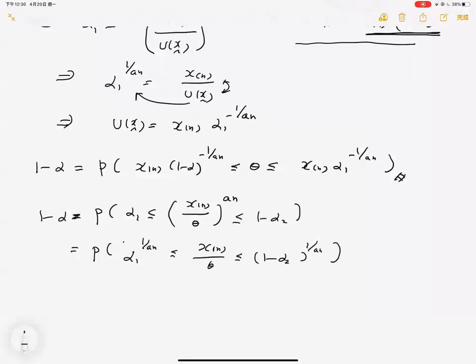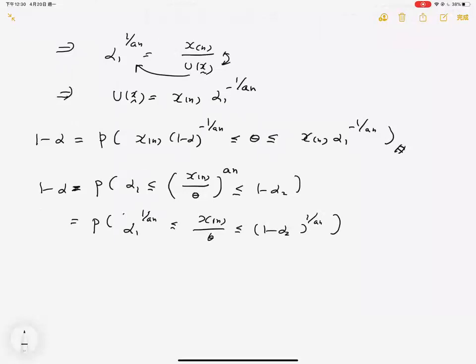I could do so as well, right? Because a is bigger than 1 and everything is positive, so taking the power doesn't change the sign, but flipping changes signs. What I mean by that is what?